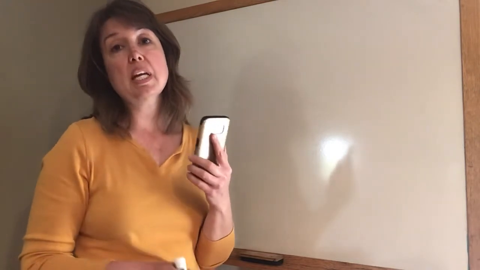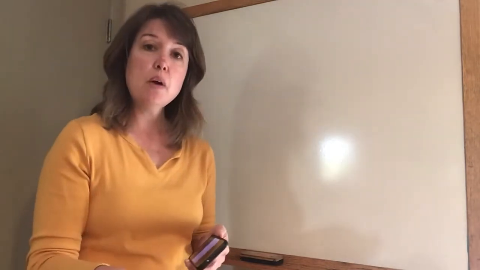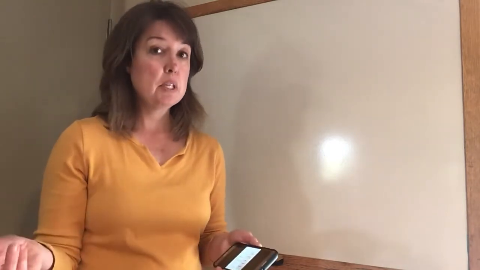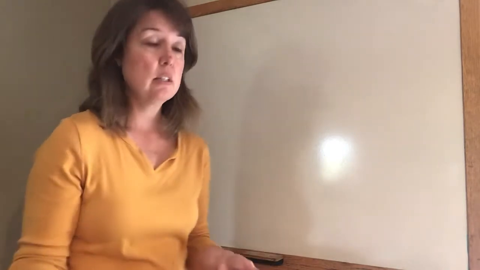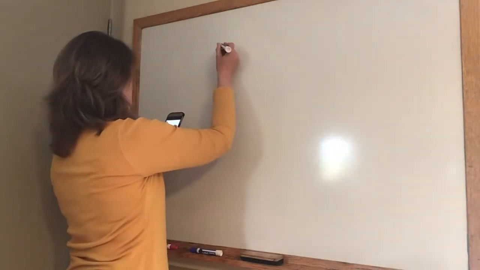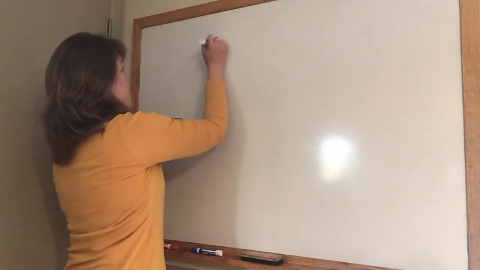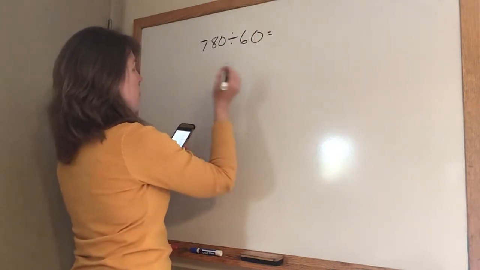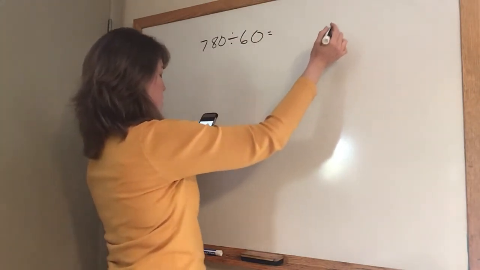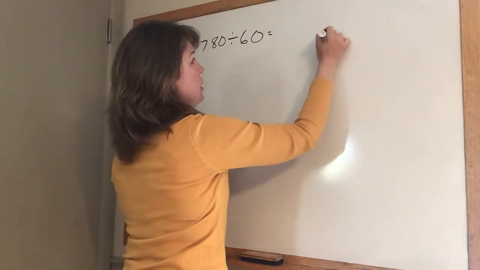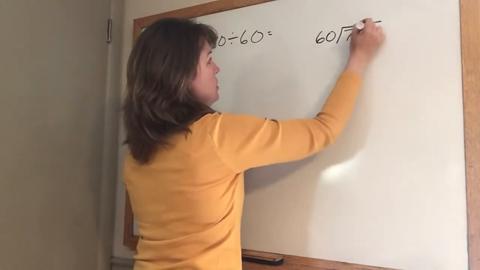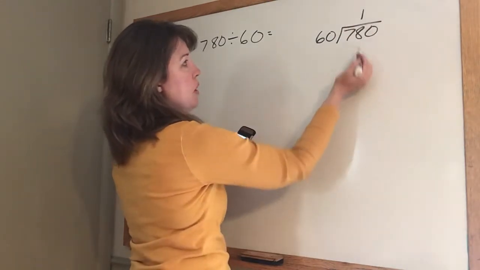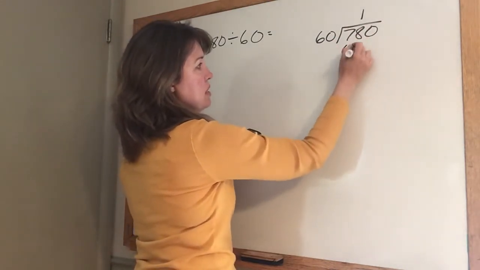So 780 minutes, how would we turn that into hours? Well, we'll divide it by how many minutes are in an hour? 60. Okay, so 780 divided by 60. Over in the workspace, 60 goes into 78 one time. 1 times 60 is 60.